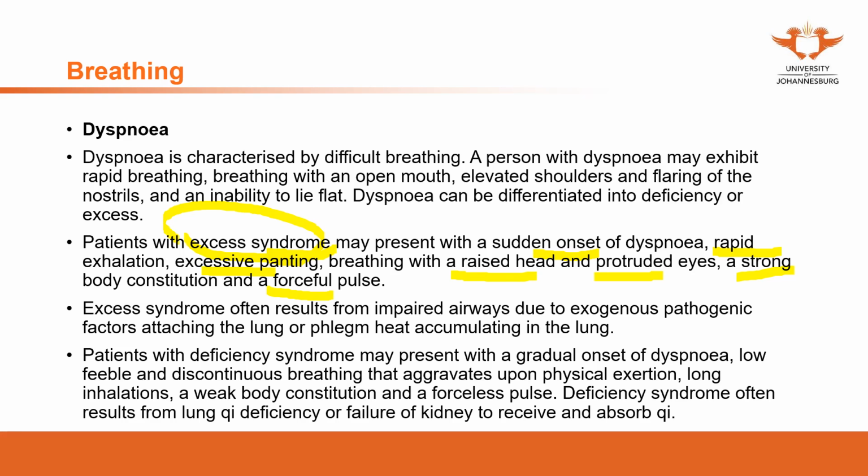As you can see, excess syndrome has all the Yang category descriptions. A patient with deficiency syndrome has a gradual onset, compared with the sudden onset, and low, feeble, and discontinuous breathing, with a forceless or weak pulse. That can indicate different types of syndrome.